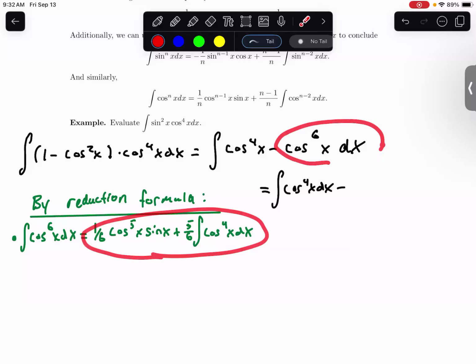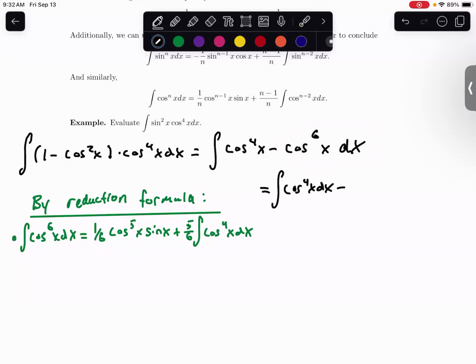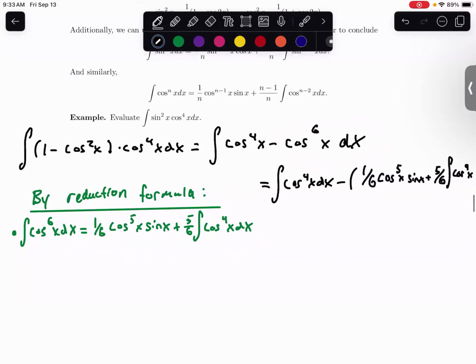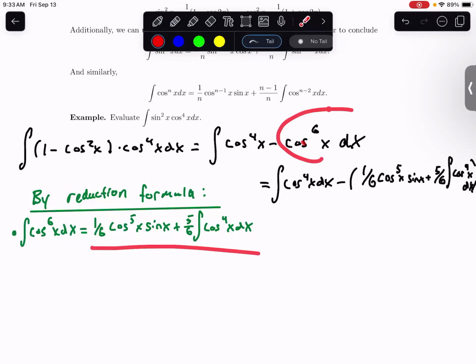So making the substitution for the integral of cosine to the 6th power of x dx, this is going to be minus 1 over 6 cosine to the 5th power of x sine of x, and then plus 5 over 6 times the integral of cosine to the 4th power of x dx. I kind of ran out of space a little bit. But all I did was just substitute in this formula for the integral of the 6th power of cosine.